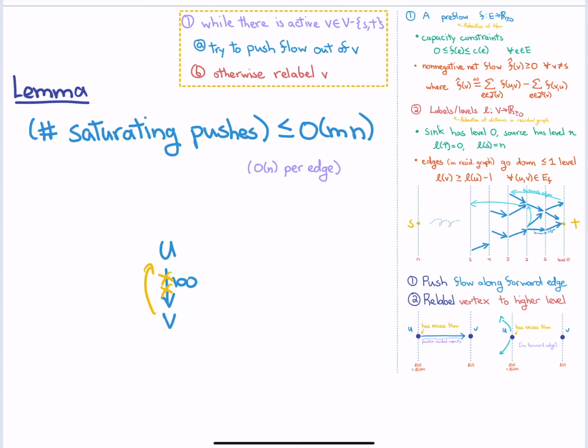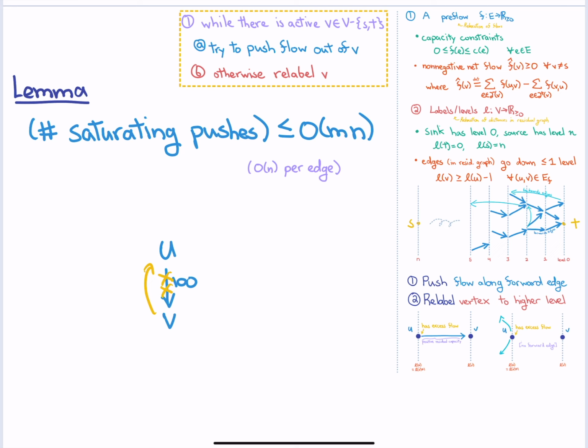The edge from U to V will only come back if I push some flow back from V to U. But in order for that to happen, since I can only push flow down one level, V has to go up above U. Okay, so that means next time U to V comes back, it's gone up.